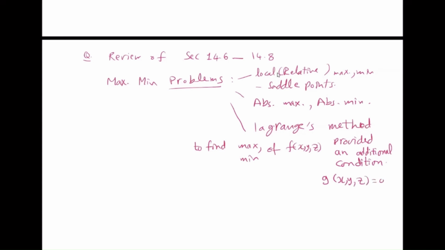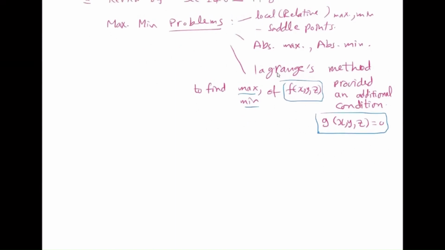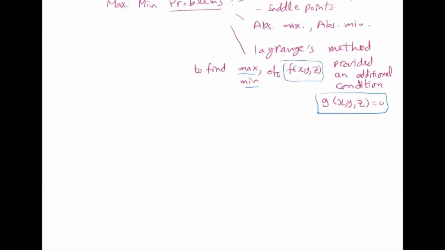So we have some function we need to maximize or minimize, but with some other, extra condition. How to deal with these sort of problems?